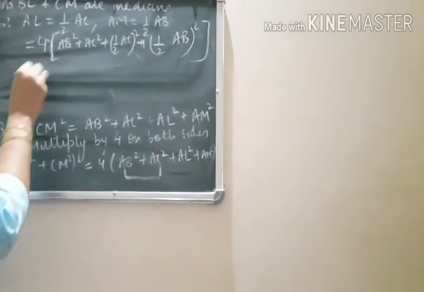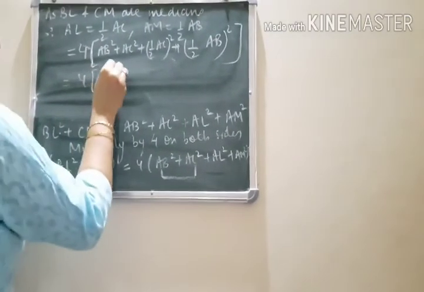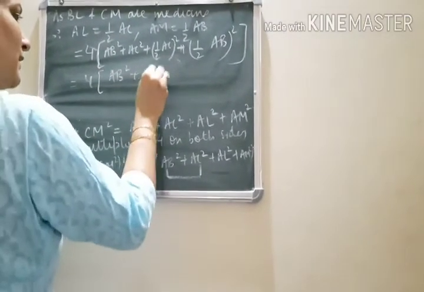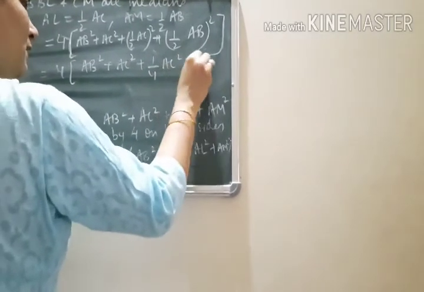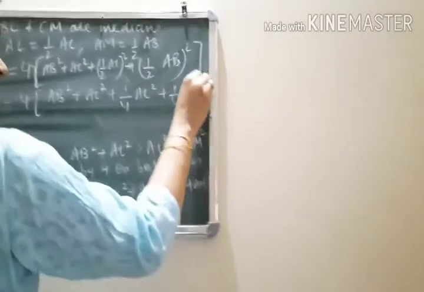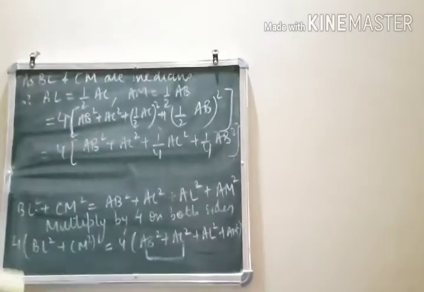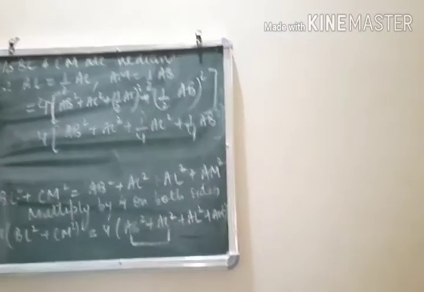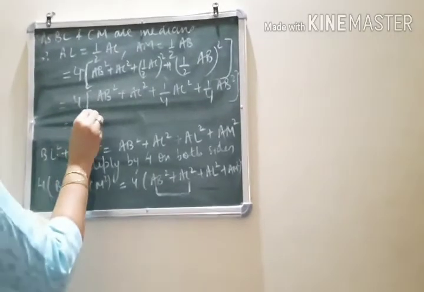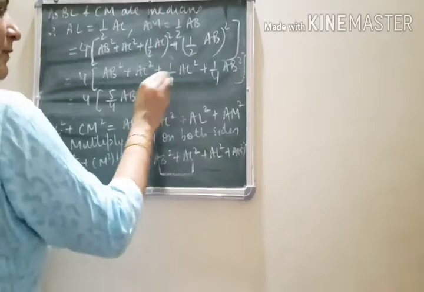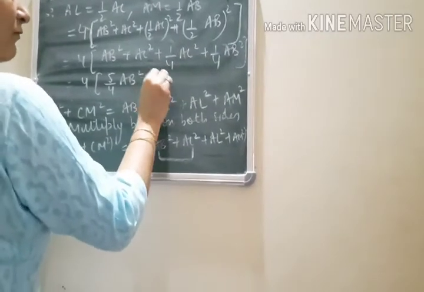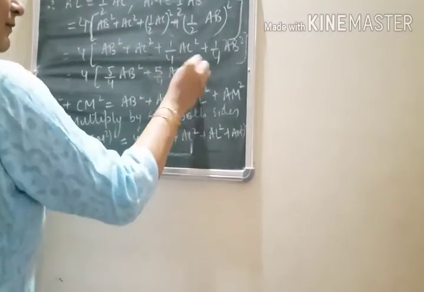So it can be written as 4 times AB square plus AC square plus 1 by 4 AC square plus 1 by 4 AB square. Okay. Now what is AB square plus 1 by 4 AB square? It will be 5 by 4 AB square. And AC square plus 1 by 4 AC square will be 5 by 4 AC square.